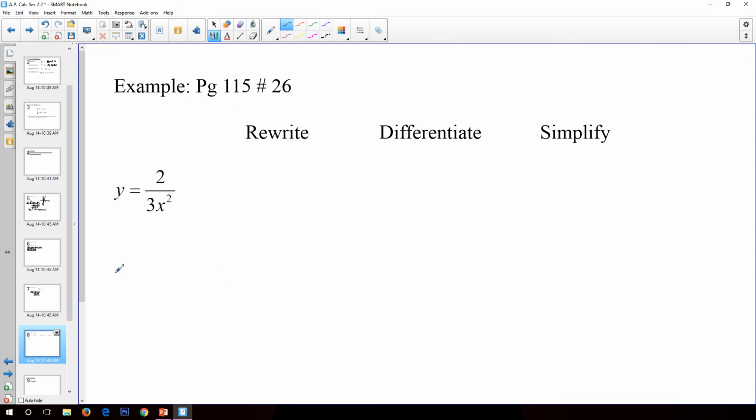For me to do this one, I need you to recall that x to the negative n is equal to 1 over x to the n, and the reverse is also true. So I am going to rewrite this as y equals 2 over 3 x to the negative 2. And now I can use the simple power rule.